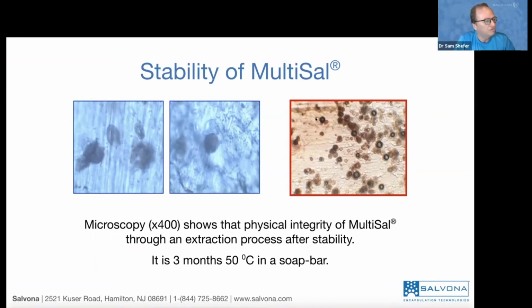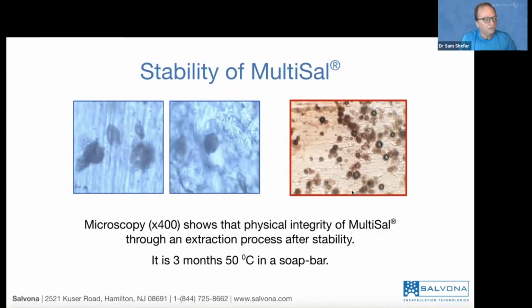So you can see very nice spheres at the end of the process. So MultiSal cannot be destroyed by pressure, cannot be destroyed by heat. You see that this molecule can only be activated with water.